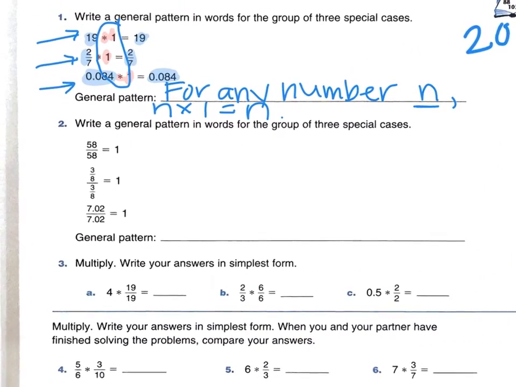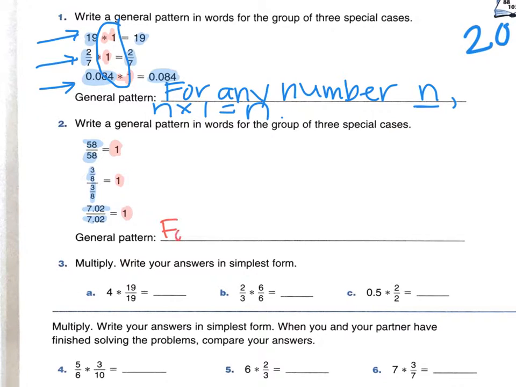Looking at number 2, we also need to write a general pattern in words for this group of special cases. Now this time, we have some fractions here, and I'm just going to use my highlighter again. As you can see, the numerator, same as the denominator. Numerator, same as the denominator. Numerator is the same as the denominator. All of them end up with an answer of 1. So let's go ahead and just use our variable n again.